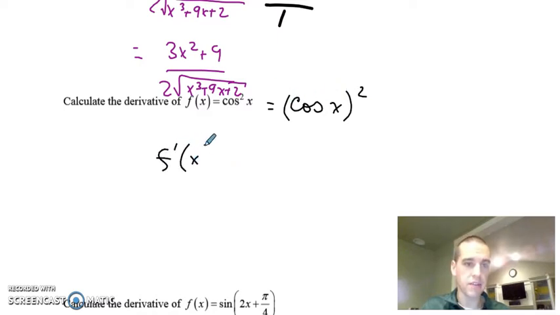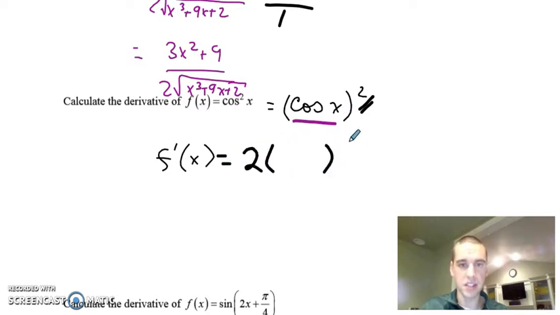So, f prime of x, inside, outside. So, if we take the derivative of the outside, 2, parentheses to the first, keep the inside the same, cosine x, multiplied by the derivative of the inside. The derivative of the inside is negative sine x.